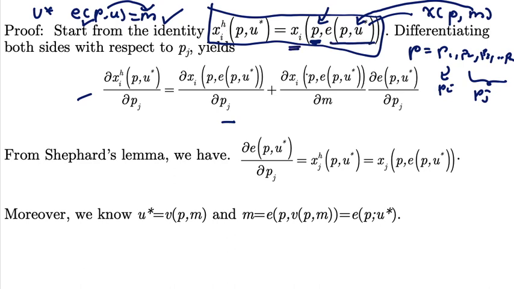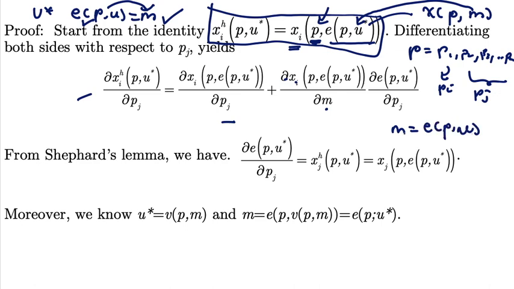Because expenditure at the optimal level is equivalent to M, instead of writing delta X over delta E, we can also write delta M, because they are just the same. And M is equivalent to E(P, U), isn't it?